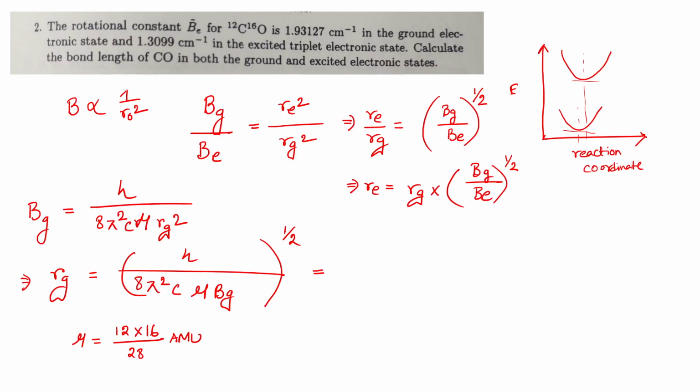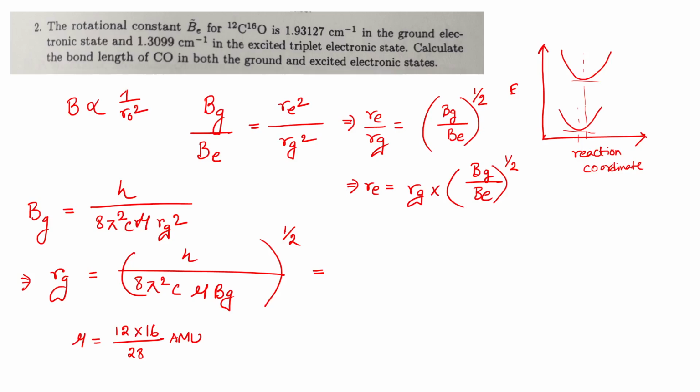And what is the value of mu Bg? Bg is given, that is 1.93127. Let me just calculate.